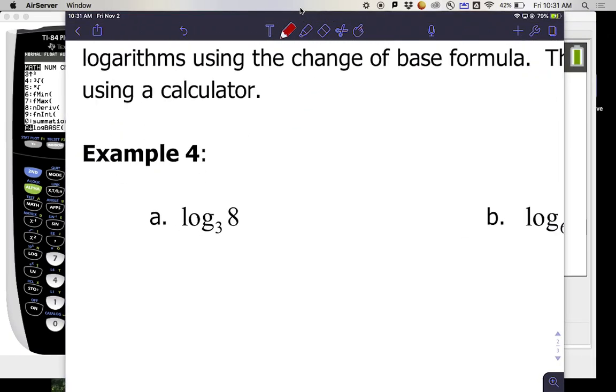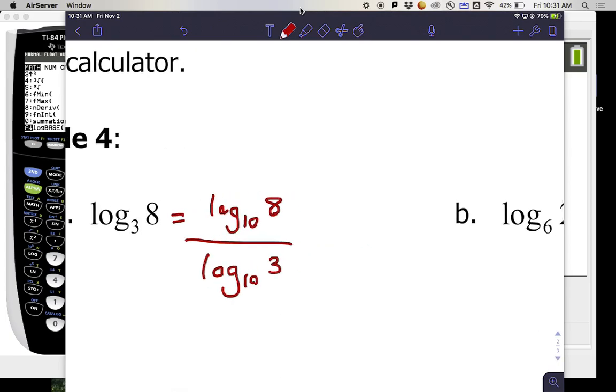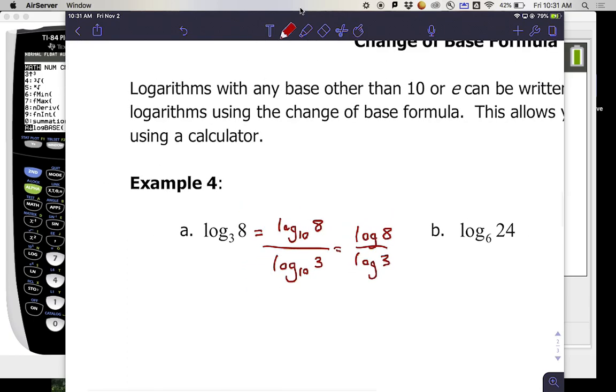So if you take log base 3 of 8, you can actually write this as log base 10 of 8 over log base 10 of 3, which we would just type in our calculator as log 8 over log 3. And it's actually much quicker to do this method right here as opposed to just doing log base 3 of 8 in our calculator.